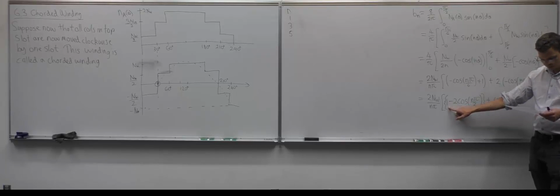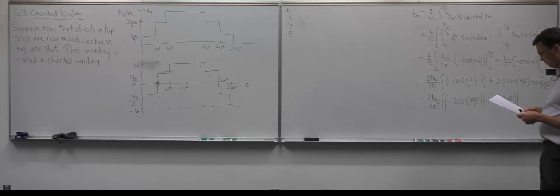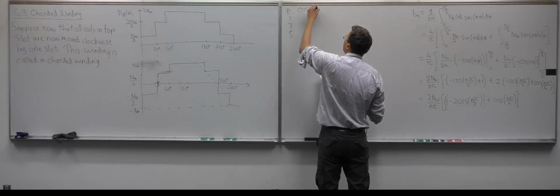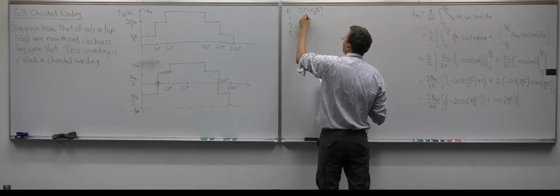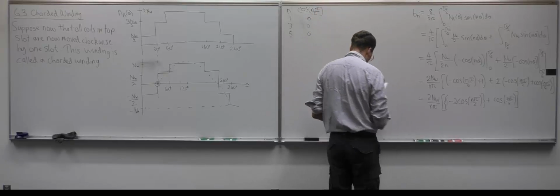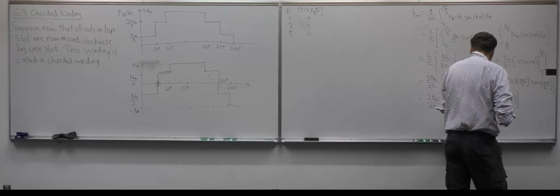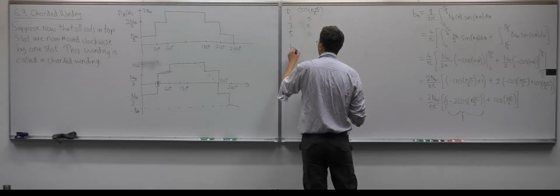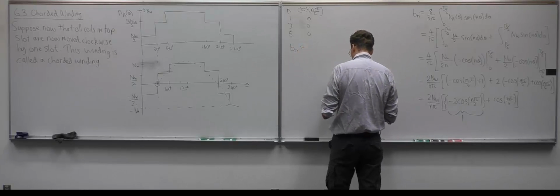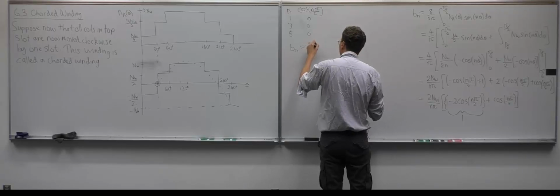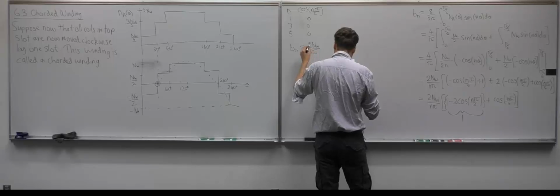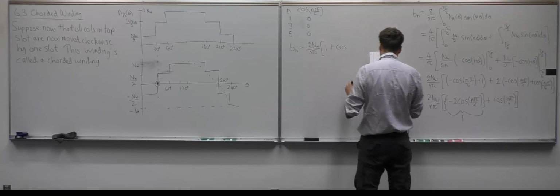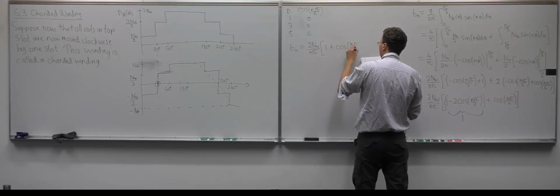And so then this whole term becomes 1, right? Cosine n pi over 2 is going to be 0, 0, 0, so we get out 1. So this term becomes 1. So then we can further change this into Bn is equal to 2 nw over n pi, 1 plus cosine n pi over 6.